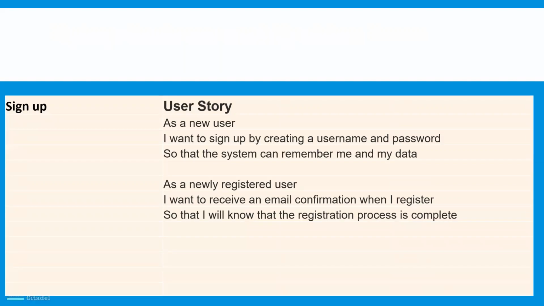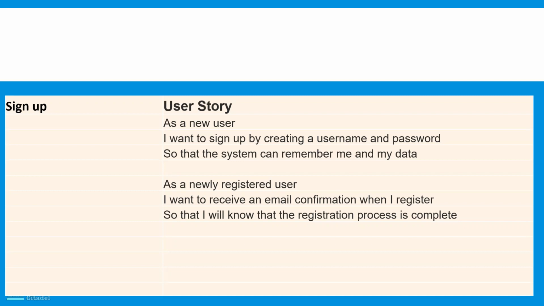Now, it could very well be that we're writing a sign up story like this: as a new user, because for the user stories we have to indicate what kind of user. So, as a new user or maybe a first-time user, I want to sign up by creating a username and password, so that the system can remember me and my data. That's simple enough, isn't it?